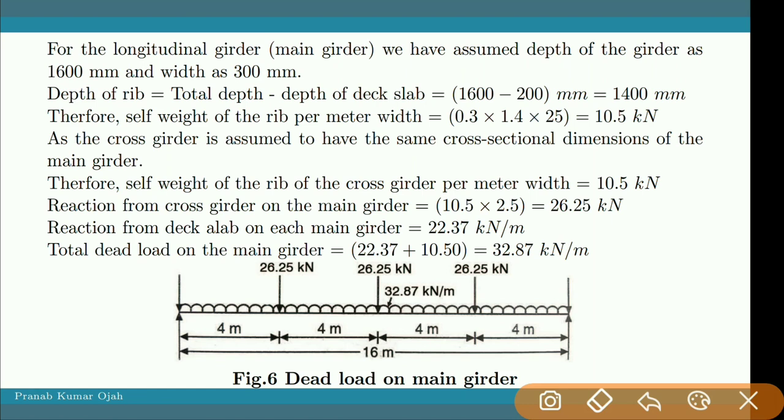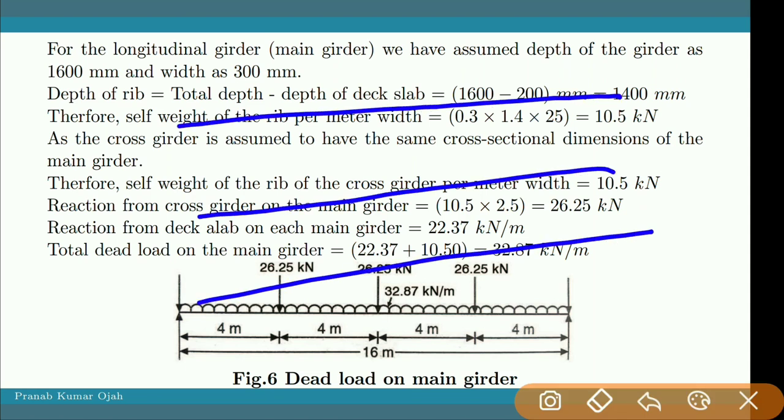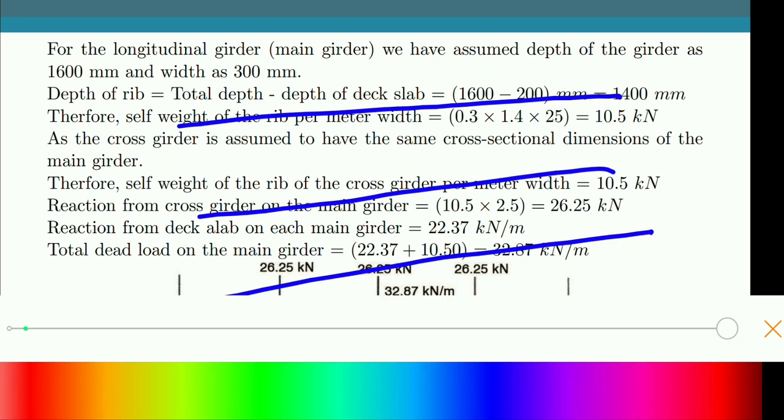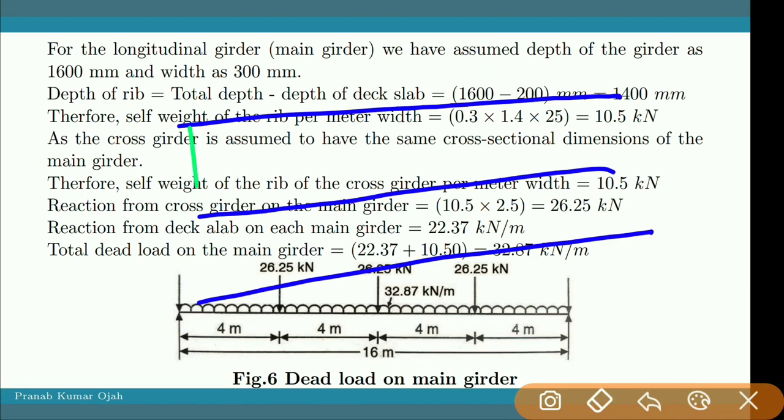Also we have assumed the longitudinal girder and cross girder have the same cross sectional dimension. Therefore the self weight of the rib of cross girder also will be 10.5. Next, one important thing we have to understand is we have 3 main girders, and these are connected by 5 cross girders.